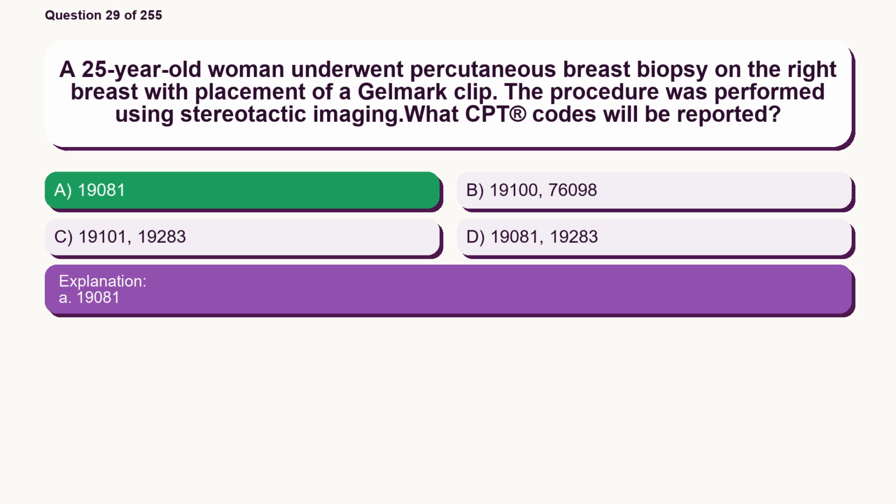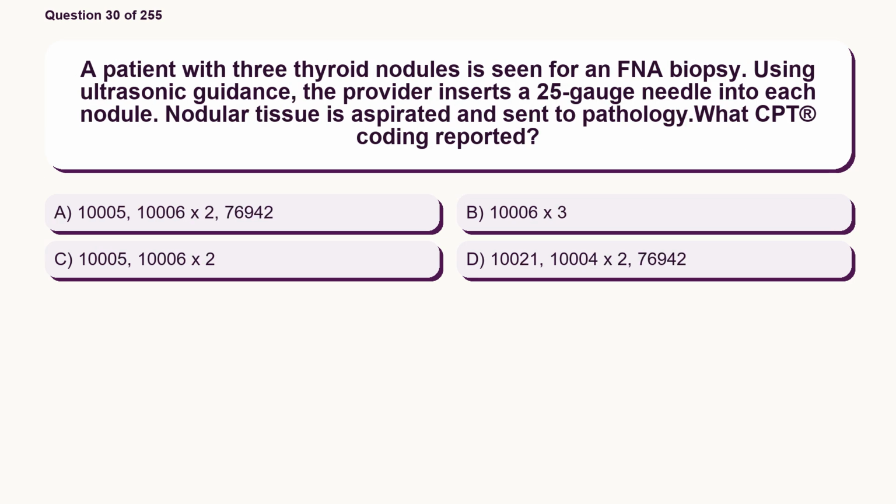A, 19081. Question 30. A patient with 3 thyroid nodules is seen for an FNA biopsy. Using ultrasonic guidance, the provider inserts a 25-gauge needle into each nodule. Nodular tissue is aspirated and sent to pathology. What CPT coding is reported? Option A, 10005, 10006x2, 76942.